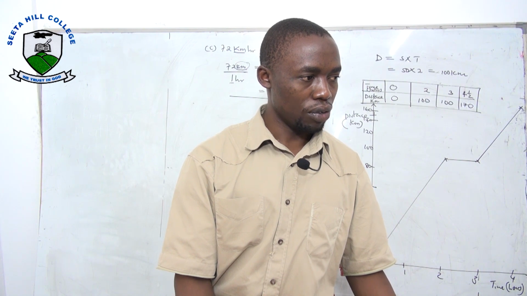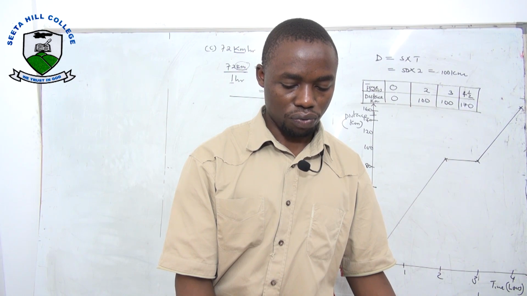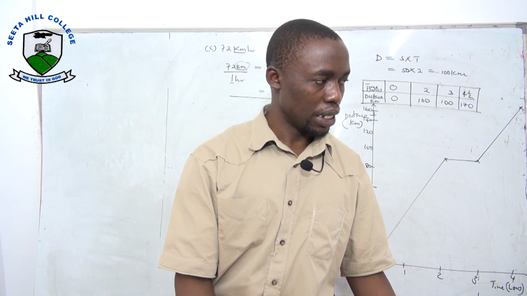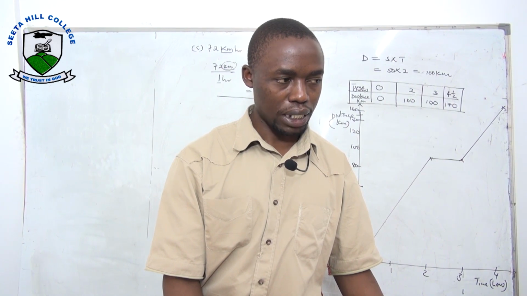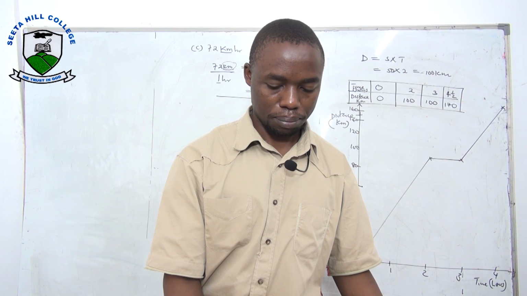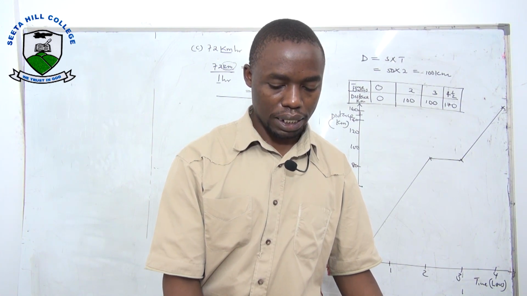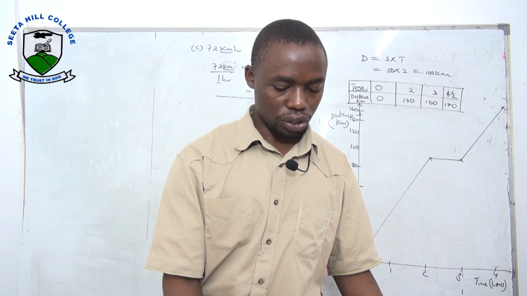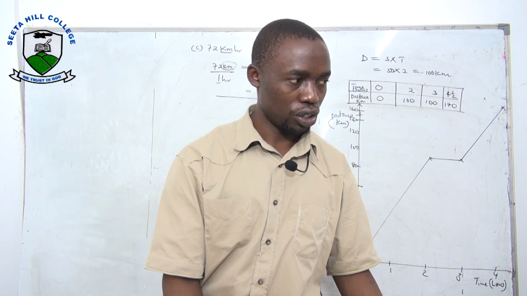Part A, using a scale of 2 centimeters to represent 40 kilometers on the vertical axis, and 2 centimeters to represent 1 hour on the horizontal axis.